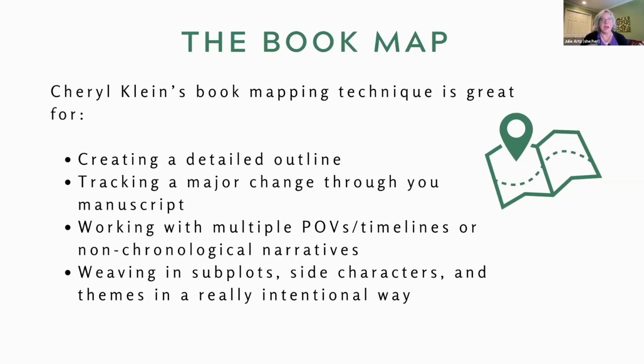Like if you're adding a point of view character or taking out a point of view character, if you're working with multiple timelines or non-chronological narratives and you need to see how the pieces are going to fit together, if you're weaving in subplot side characters or themes and want to do it in a really intentional way to make sure that the subplots and side characters are showing up evenly throughout the manuscript, then you might want to create a book map for one or more of your scenes.